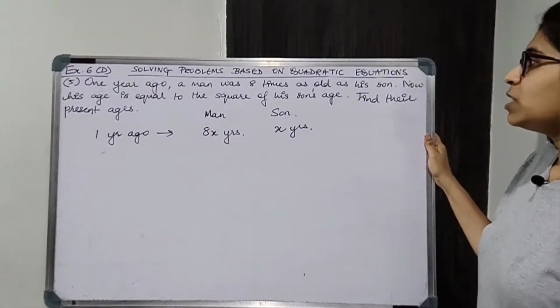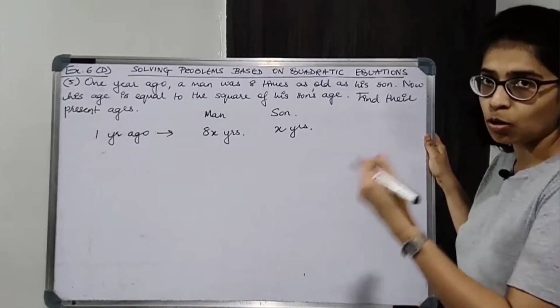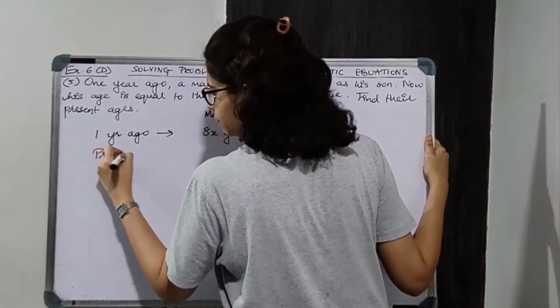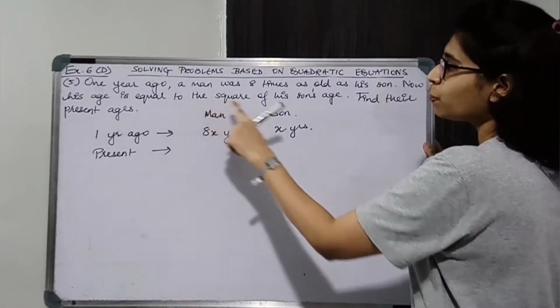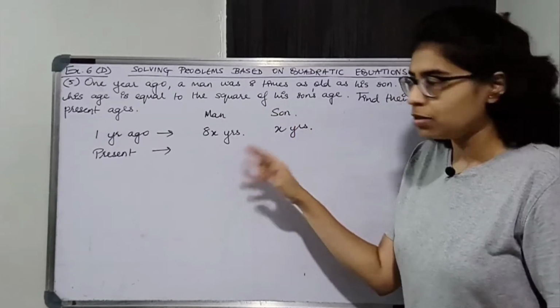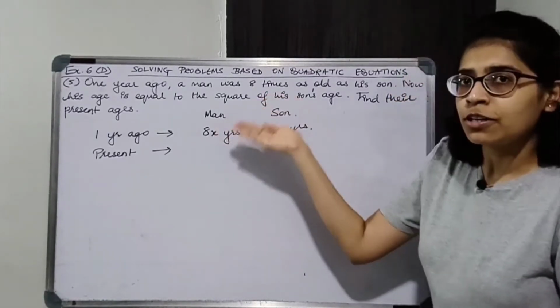Now his age is equal to the square of his son's age. Now that is present. The age of man. Now what will be the age of man now? This was the age 1 year ago. So he will become 1 year older now.